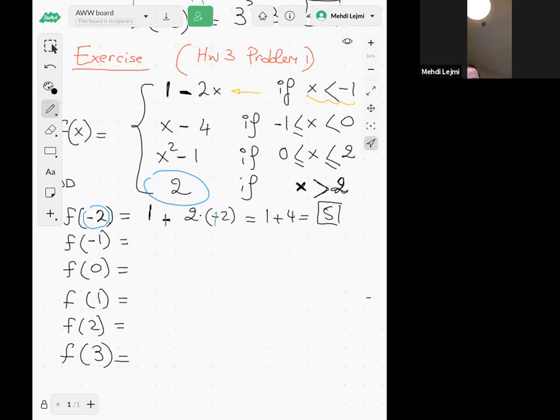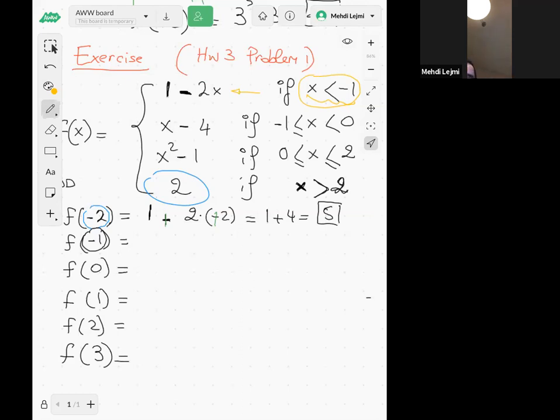Next, f of -1. My input x is -1, so let's see the first condition. The first condition is x strictly less than -1, but my x is equal to -1, so it's not strictly less than -1. The first condition is not satisfied.